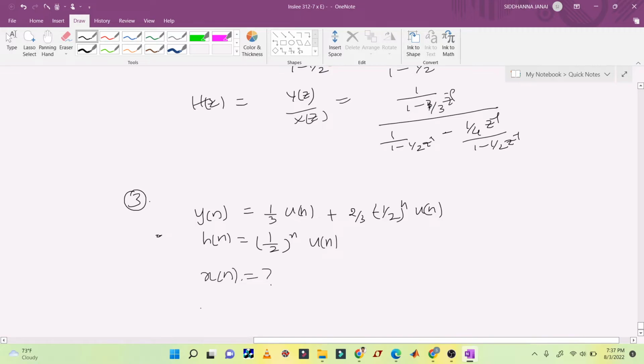We know that y of z is equal to x of z into h of z.